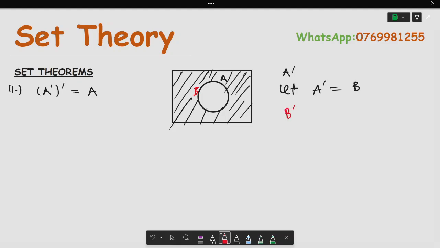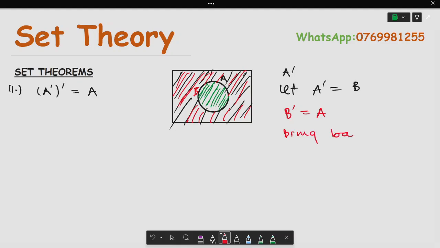If B is what is on the outside, then B complement would be what is in here. You see? So B complement would be equal to A in this case.